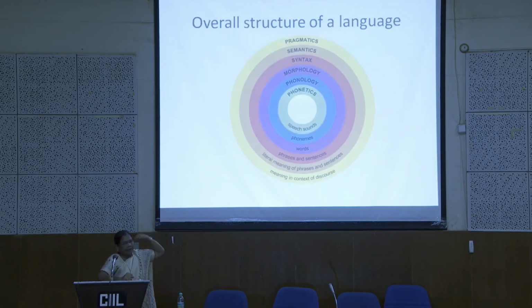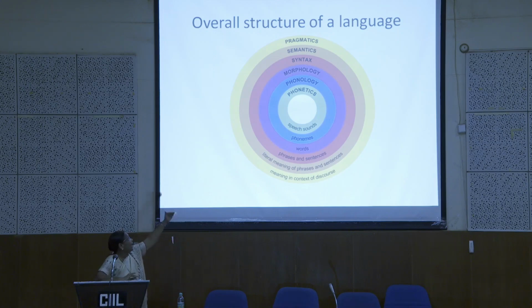And this diagram gives you what is phonetics, speech sounds; phonology, phonemes; morphology, words; syntax, phrases and sentences; semantics, literal meaning of phrases and sentences; and pragmatics, meaning in the context of discourse. This is the structure of any language.